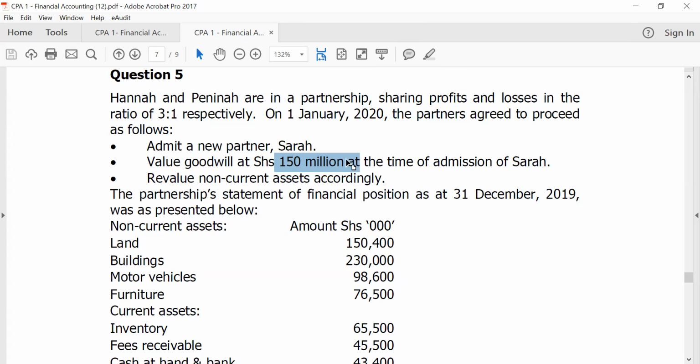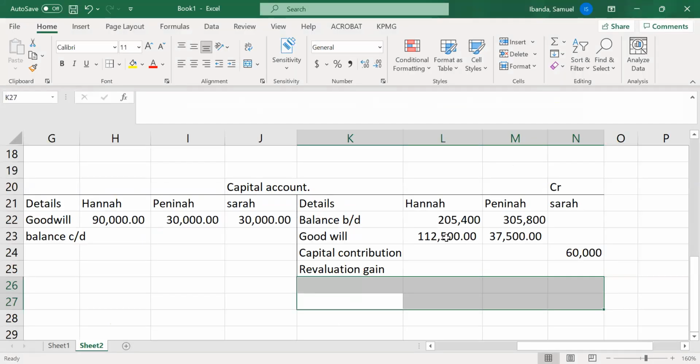Yes, I get it. Where I found an issue is that the goodwill was not maintained in the books. So already we wrote it off by sharing, using the new profit sharing ratio, which means Sarah also had a contribution on the debit side, because when we are writing off goodwill, we credit the goodwill account and then debit the capital account. So if we are writing it off, how will it match with the respective balance on the credit side?